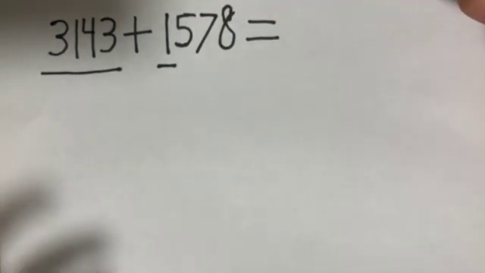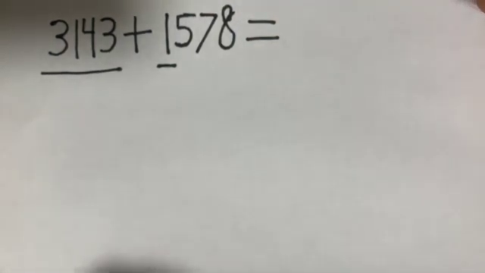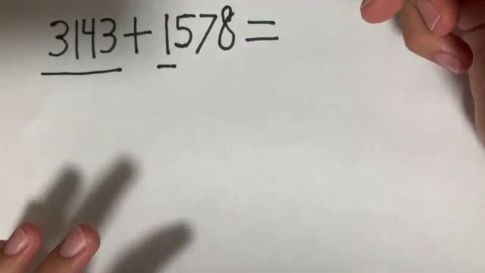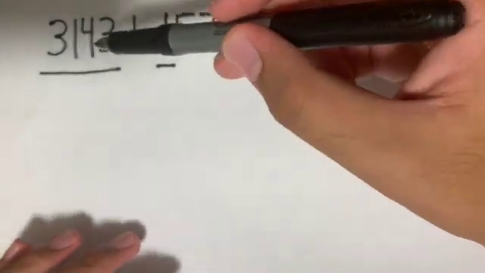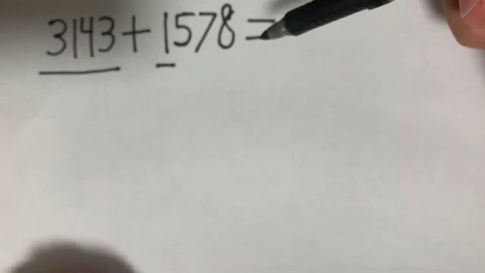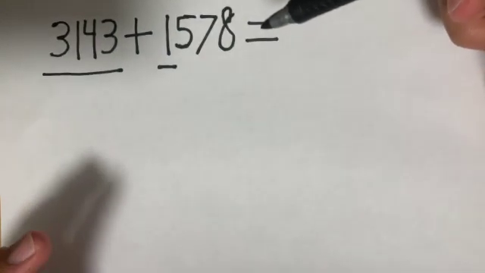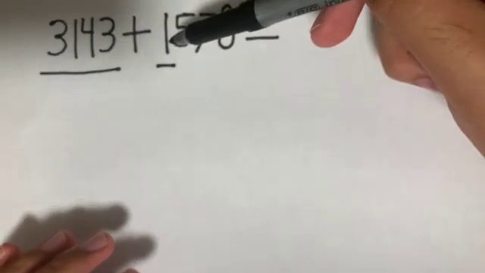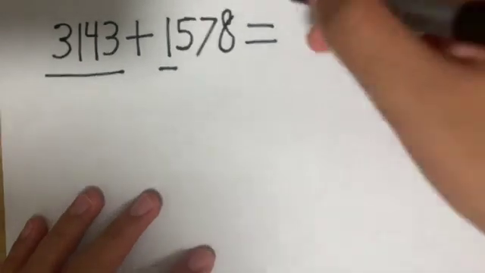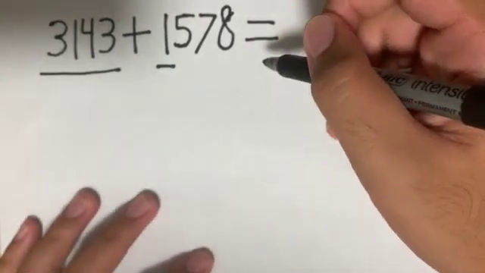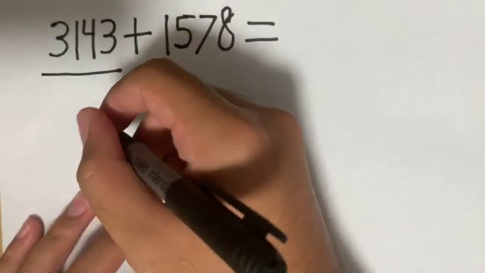So 1,000, since there's only one. We're gonna add that 1,000 to 3,143. 3,143 plus 1,000 is going to be 4,143.